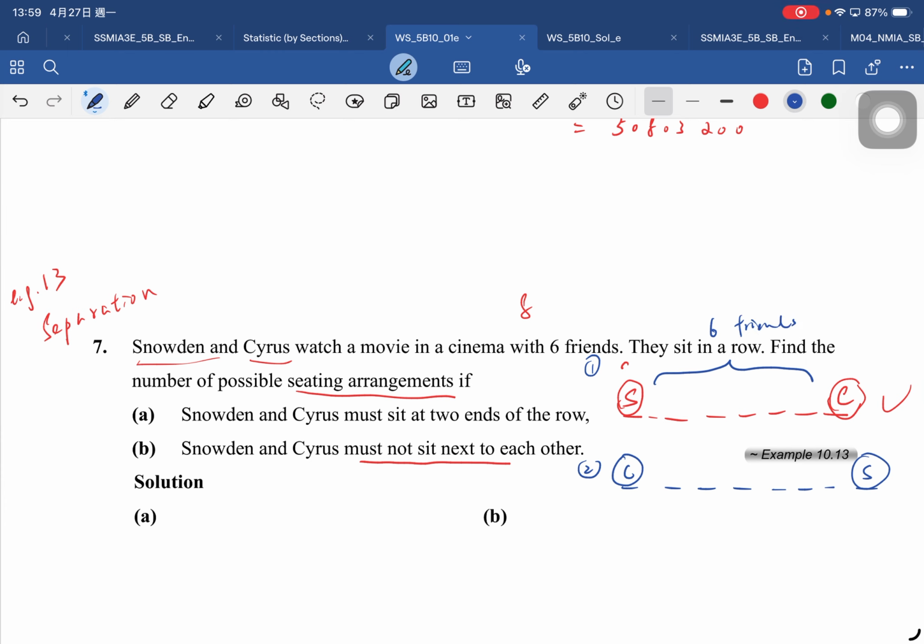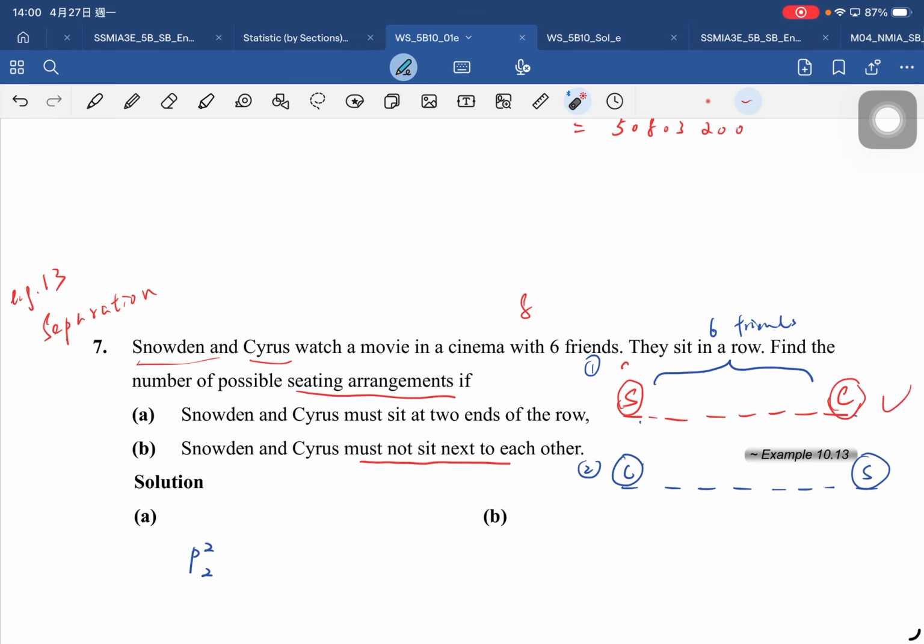So now, for example, you consider case 1. Case 1, we assign Snowden and Cyrus to sit at the two ends. Now they have the arrangement. That means 2P2. These two people must sit at the ends. How many ways to arrange them? Just these two ways. Snowden on the left, Cyrus on the right, and the second one should be this one.